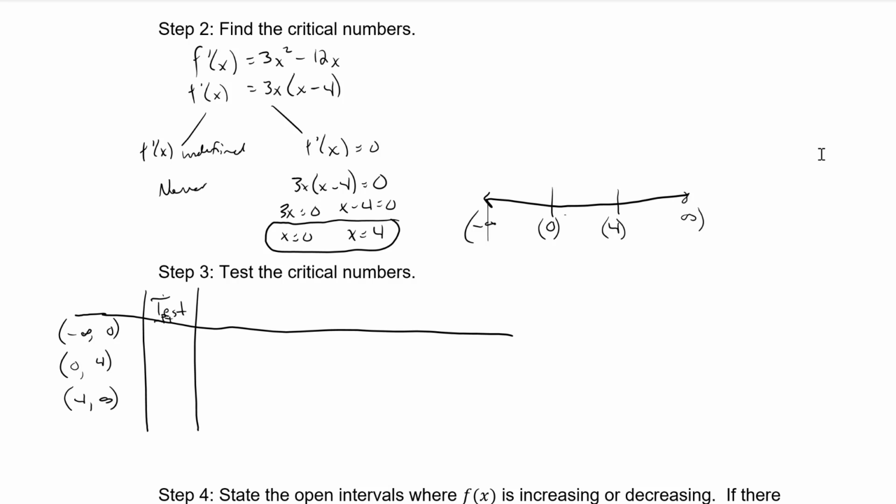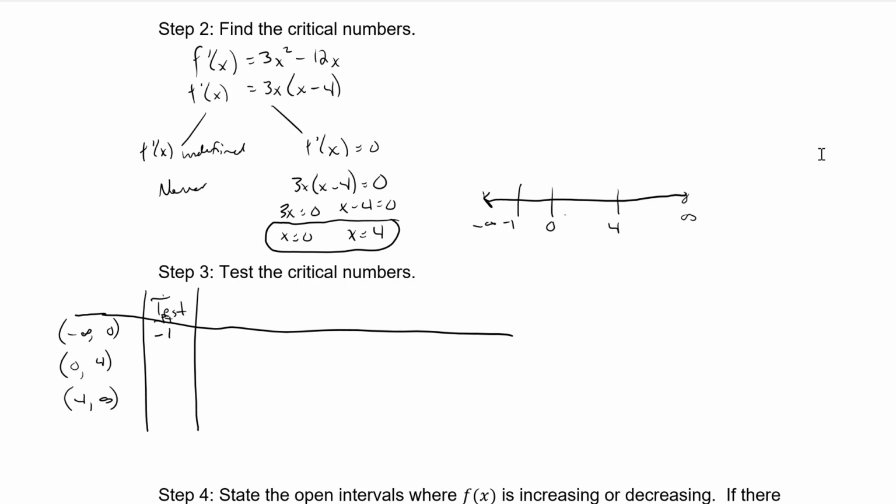So what I want to do is pick a test point in each of those intervals. Somewhere between negative infinity and 0, pick nice easy numbers, because you're usually not going to have your calculator for this. Something like negative 1 is a nice easy number on that interval.